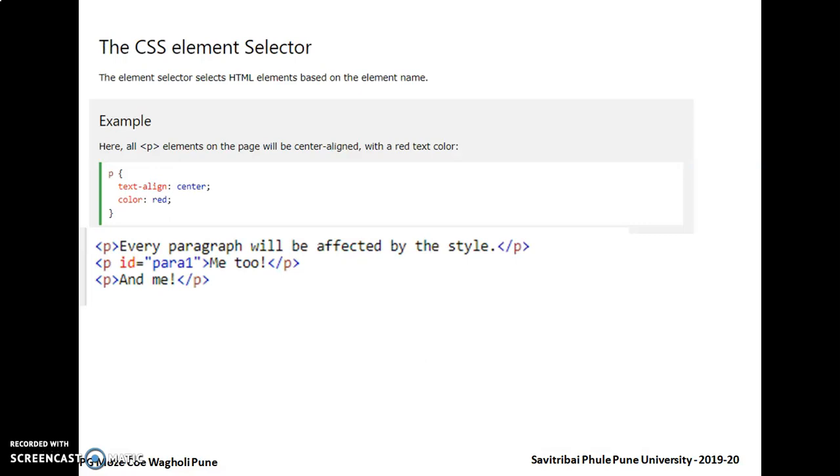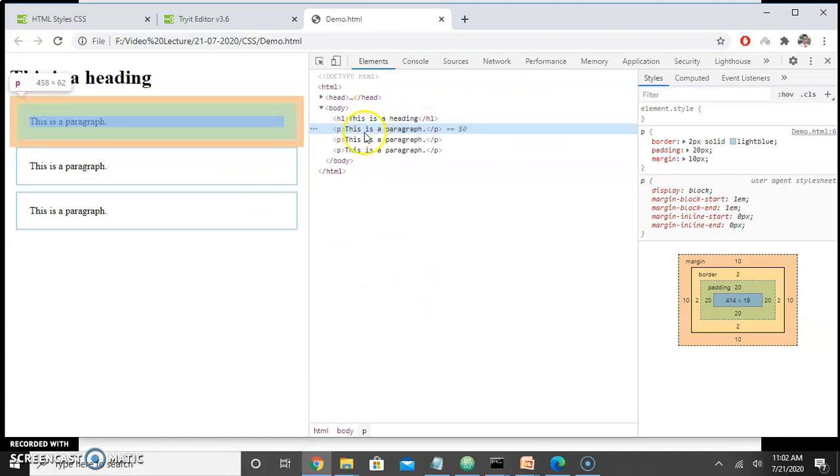In CSS, to apply to the element, the direct element name is used. Here you can see that we have three paragraphs. Every paragraph, first paragraph, second paragraph, is affected by the style. Paragraph property: text align center, color red. We can check this.